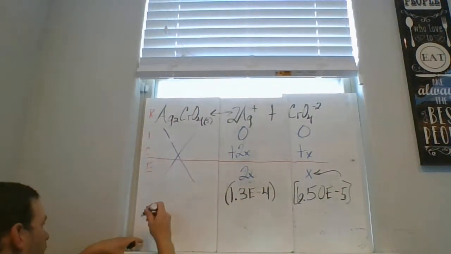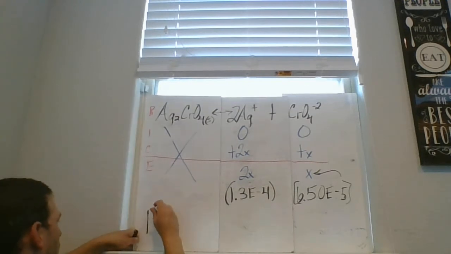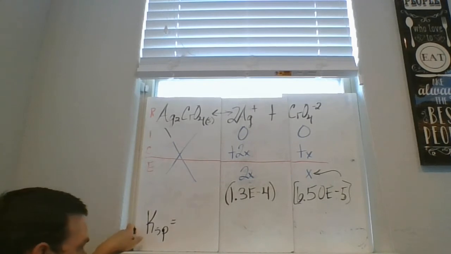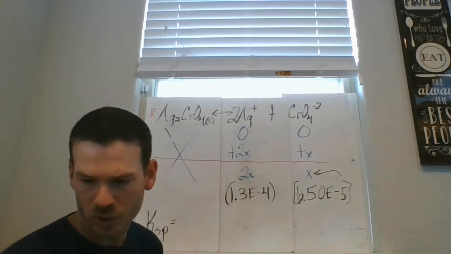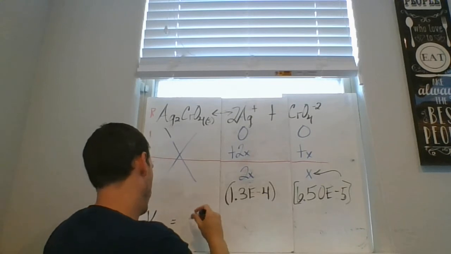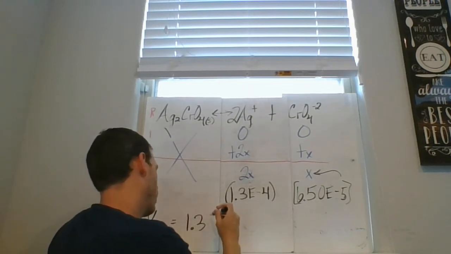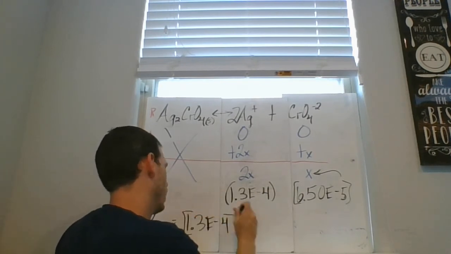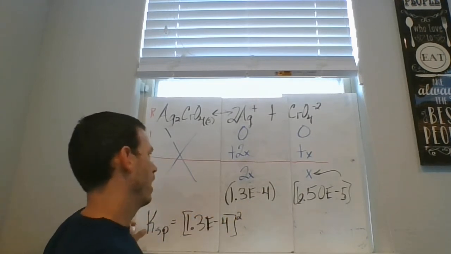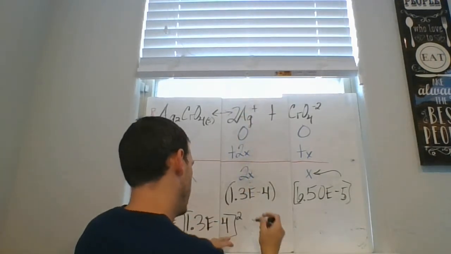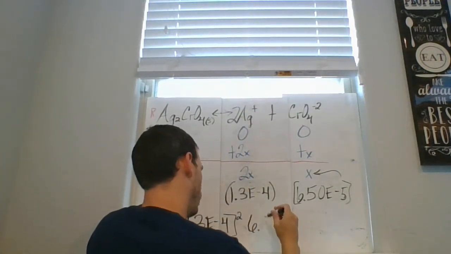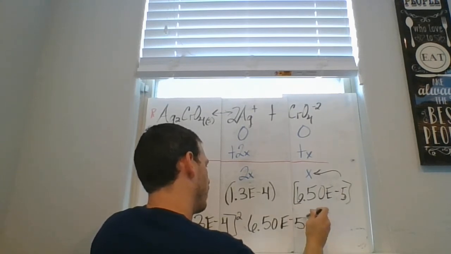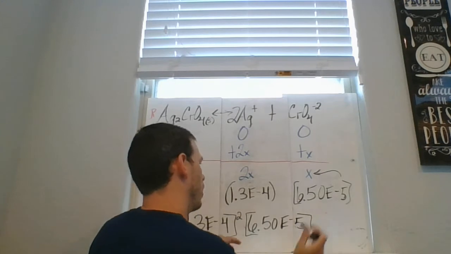So it's going to end up looking like Ksp equals, there's not going to be a denominator, so we'll just use our numerator of 1.3 E negative 4 squared, from that 2 up there, and that'll be times 6.5 E negative 5, no exponent there.